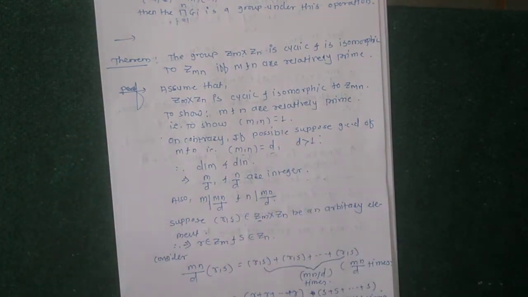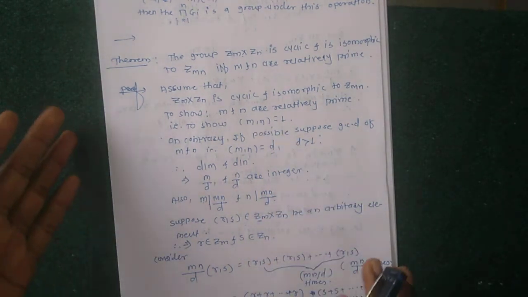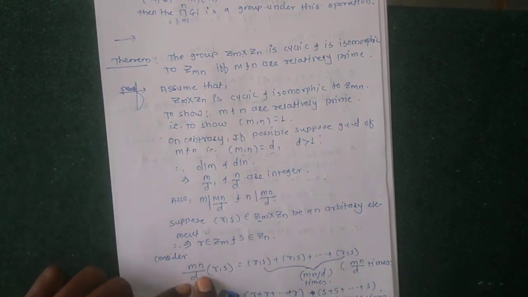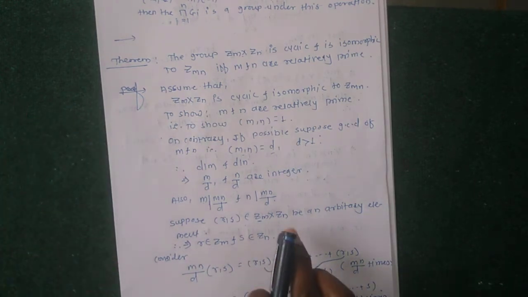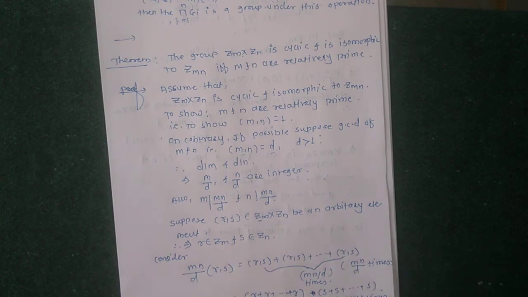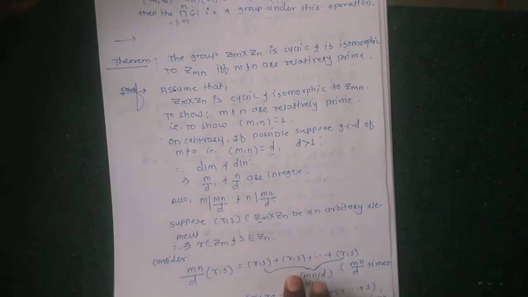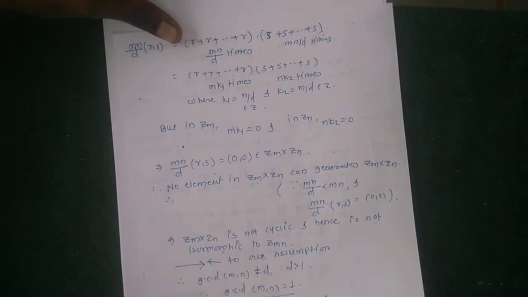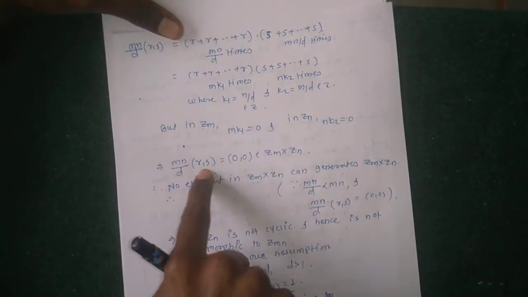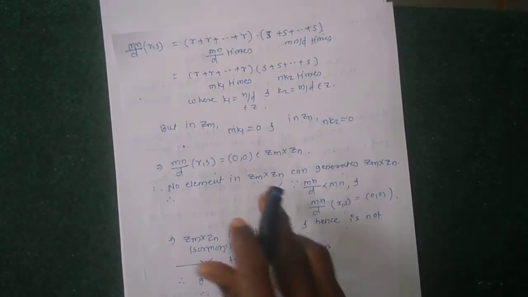Then choose any element from Zm cross Zn, and its multiplication up to mn by d times equals 0.